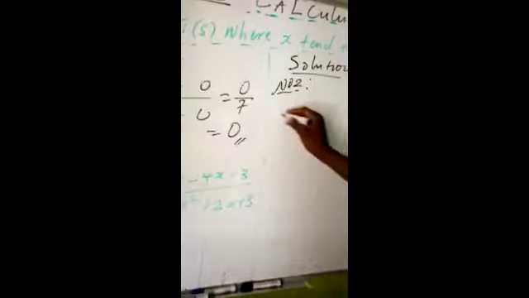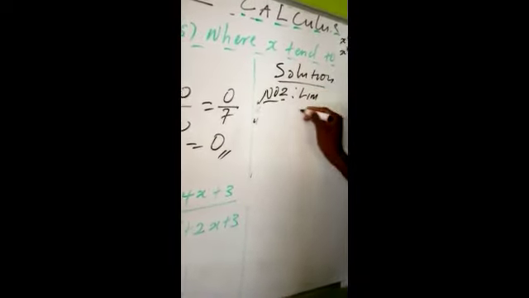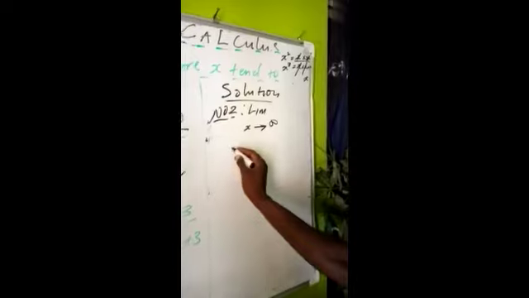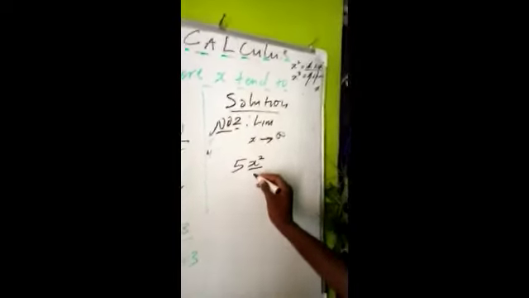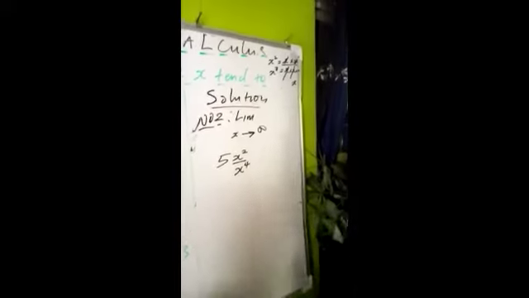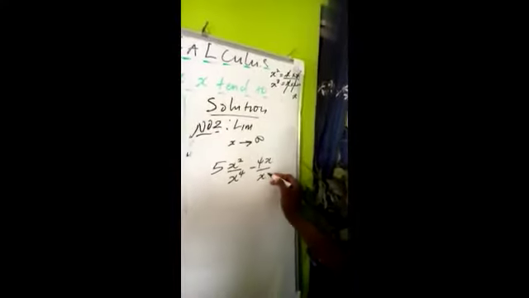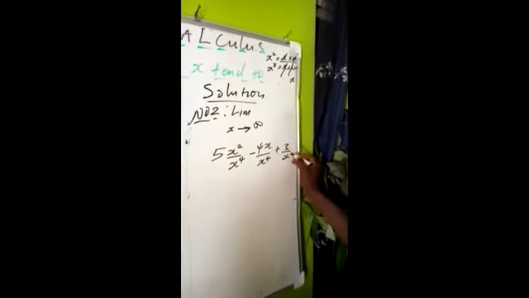So here we have it as lim s tends to infinity. From this point I have it as s into s raised to power 4 minus 4s into s raised to power 4 plus 3 into s raised to power 4.